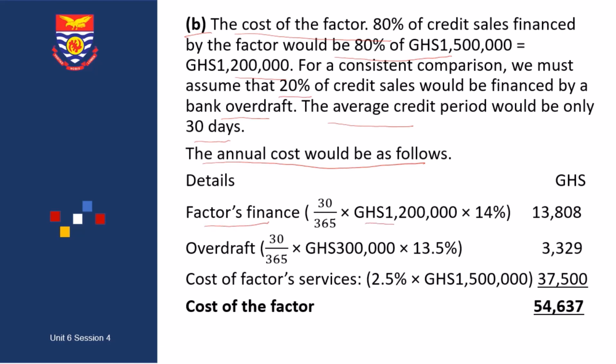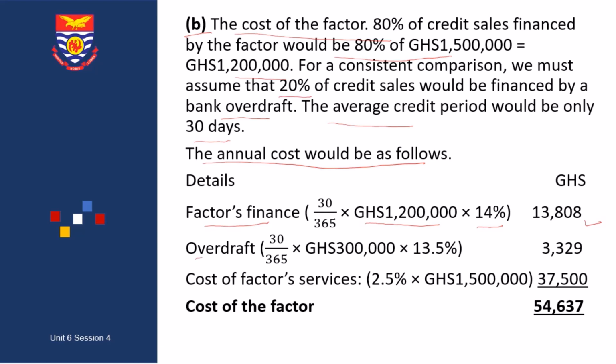Times 1200. So the 1200 is because he's providing 80% of the amount. So 80% of 1500 is 1200, times 14%. That was the rate. So we are going to get 13,808.